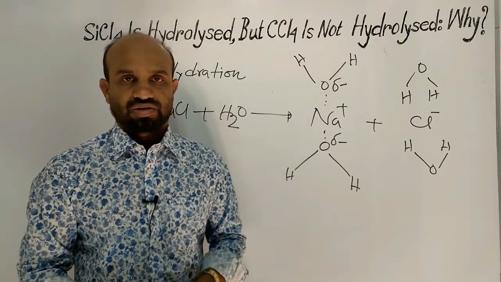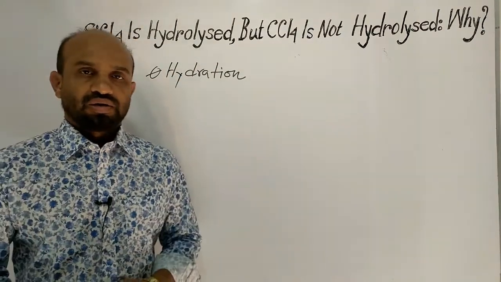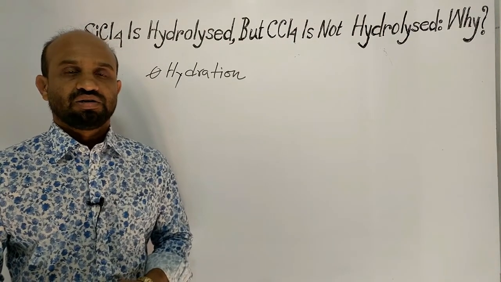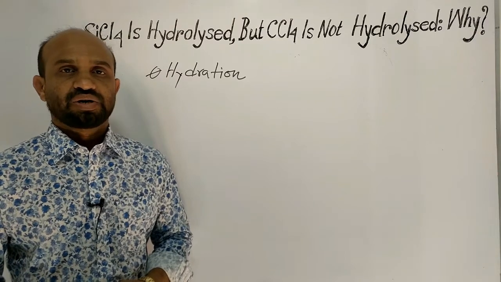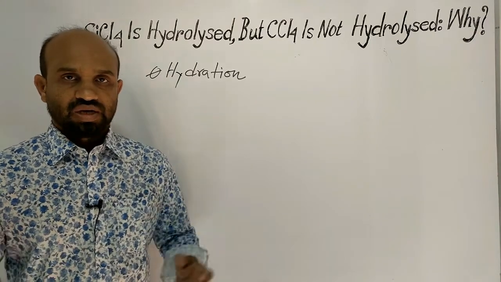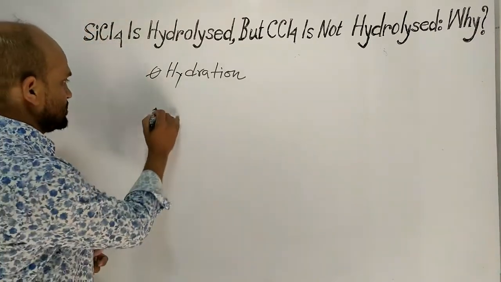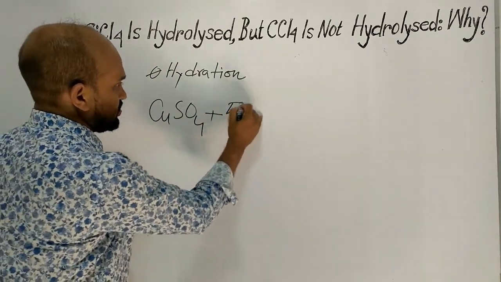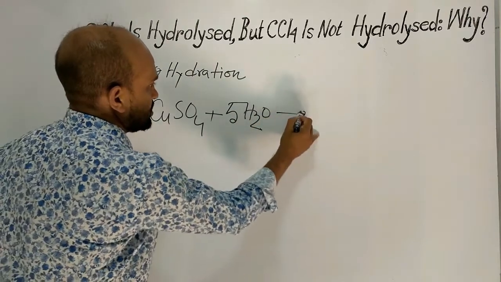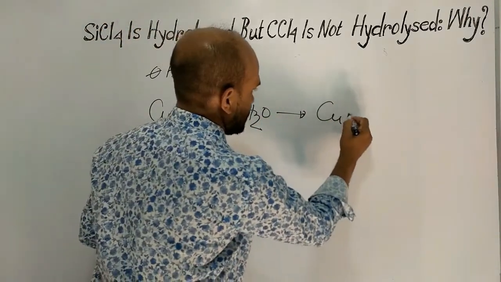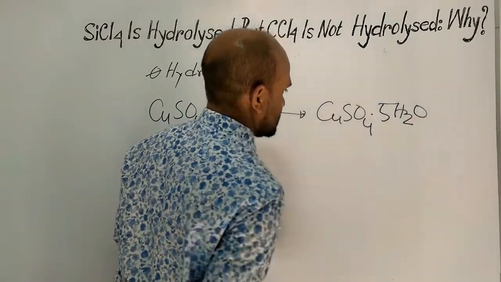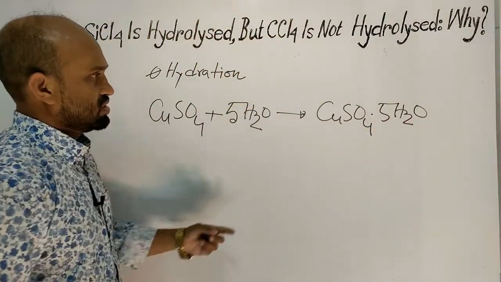Let's see another reaction. When copper sulfate is dissolved in water, then copper sulfate pentahydrate is formed in this way. Copper sulfate, 5 molecules of water, then copper sulfate pentahydrate is formed.